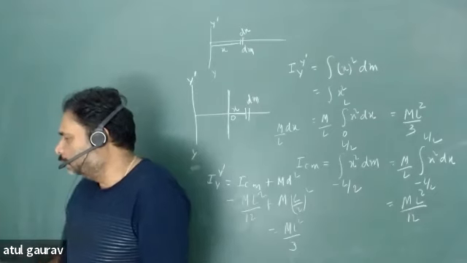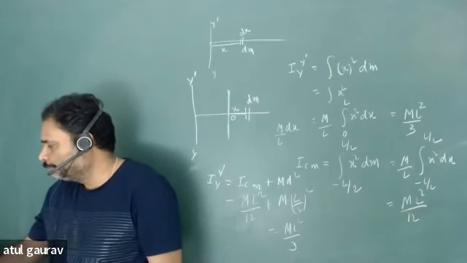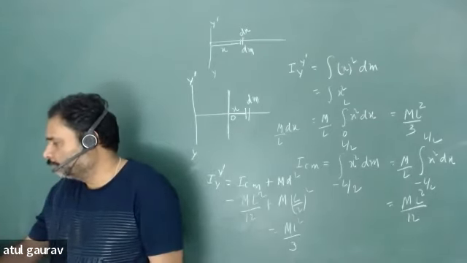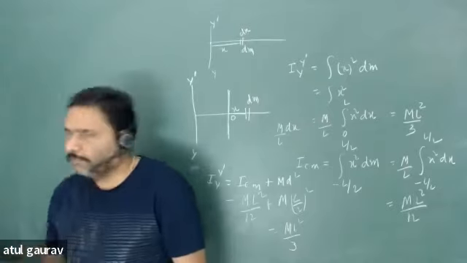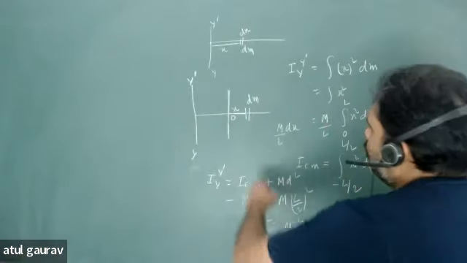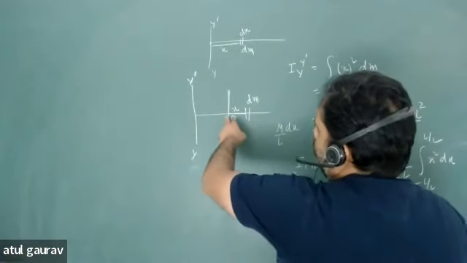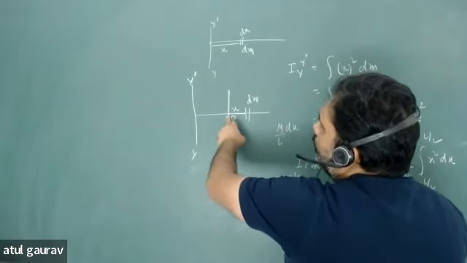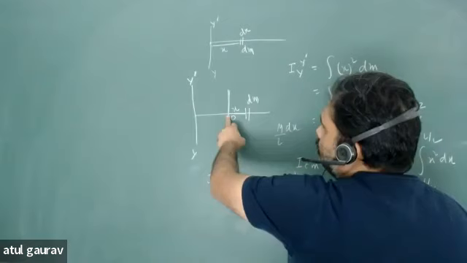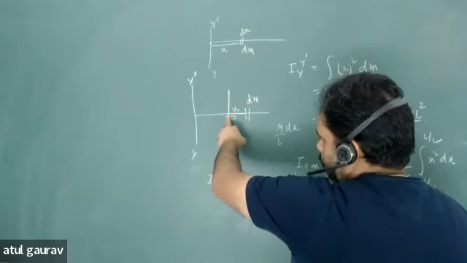Any doubt you have? Sir, how do we take the limits minus L by 2 to plus L by 2? Because we have chosen the origin at the center of mass. And where is the center of mass? At the center of the rod, isn't it?